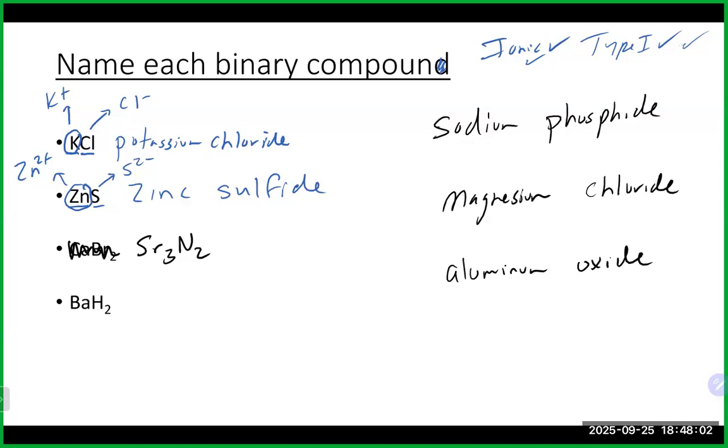A quick swap out here on the next one. Sr is strontium, that's a metal. Nitrogen is a non-metal, so that is ionic.